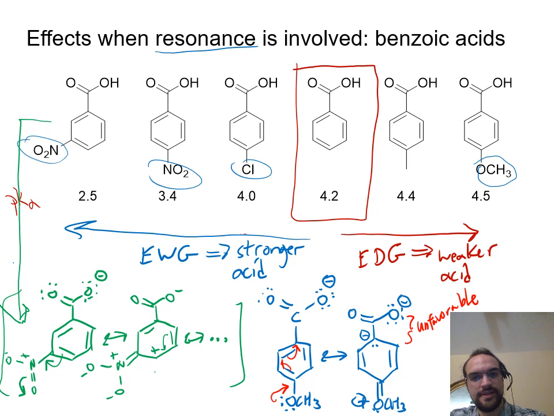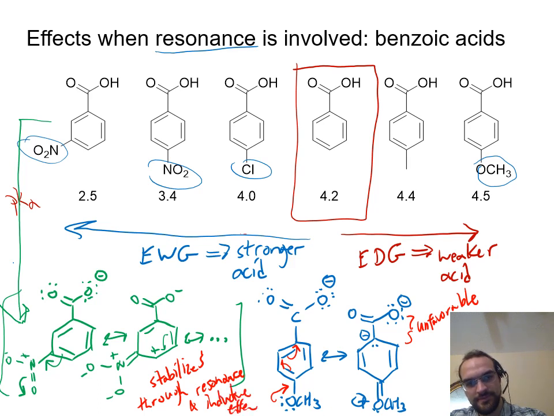So this nitro group stabilizes the conjugate base through resonance and the inductive effect. All right, so both those things are favoring withdrawal of electron density from the ring.